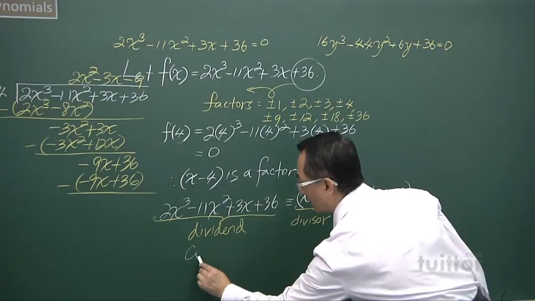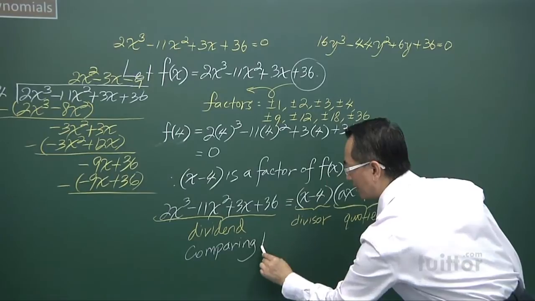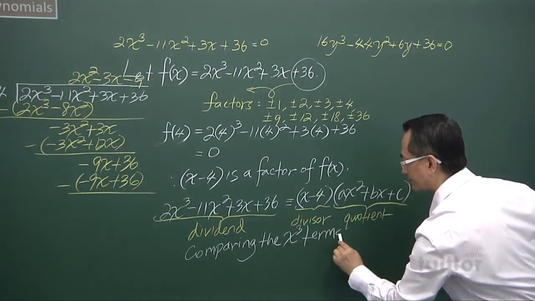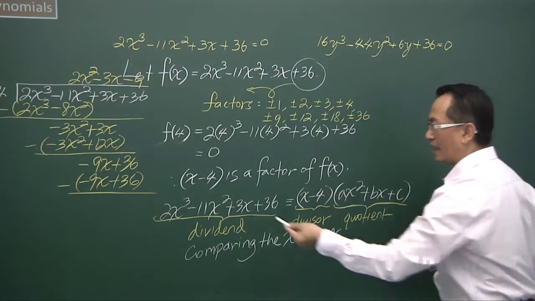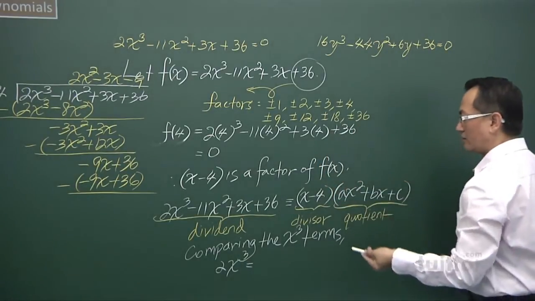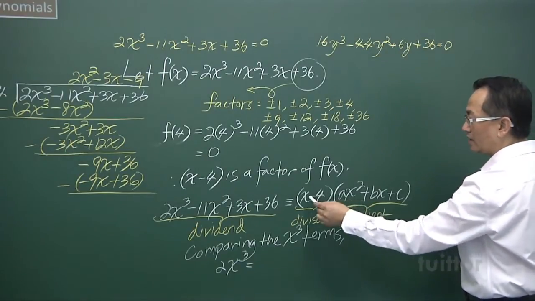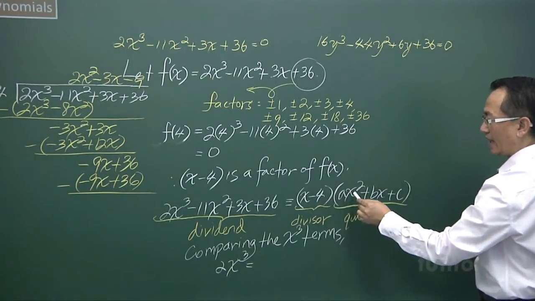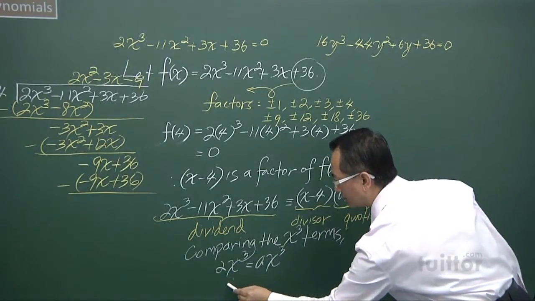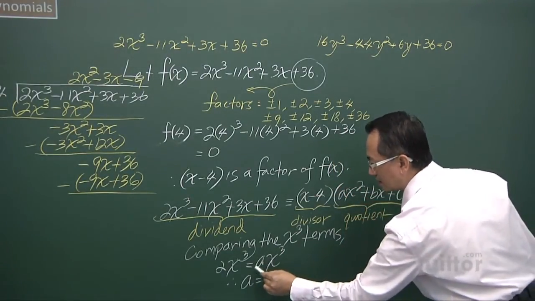So comparing the x cubed terms, I have on the left hand side 2x cubed, and on the right hand side the only way I can get an x cubed term would be to take x multiplied to ax squared. I get ax cubed, and therefore I found the first unknown a, which is just 2.